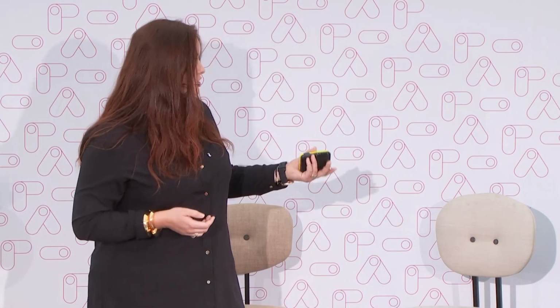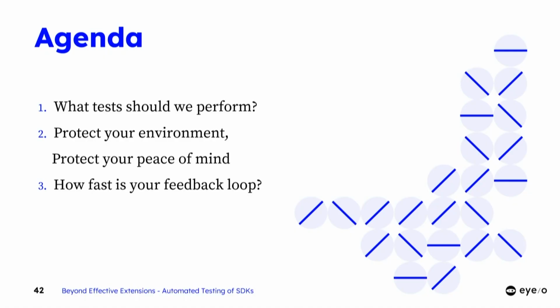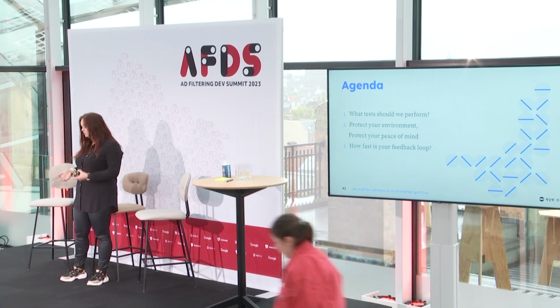So this session will be divided into 3 chapters, which I feel are the base of a good automation pipeline. And it doesn't matter if you are working on the browser SDK, or on the SDK that is empowering the extension. It can also be backend and frontend automation.